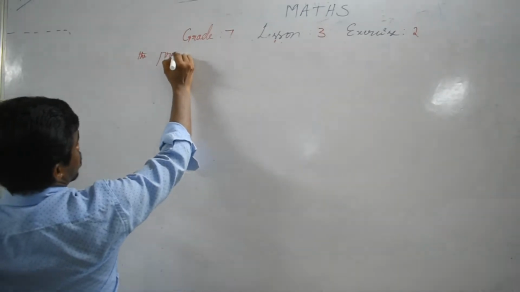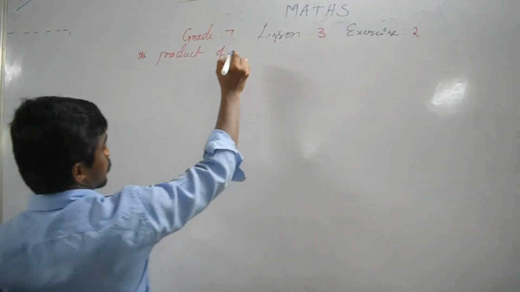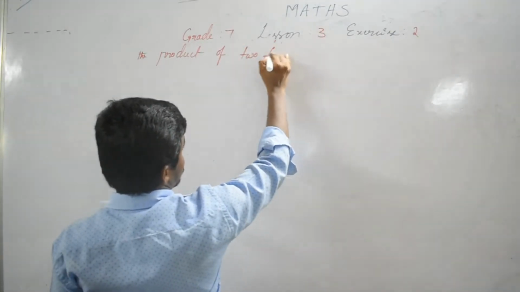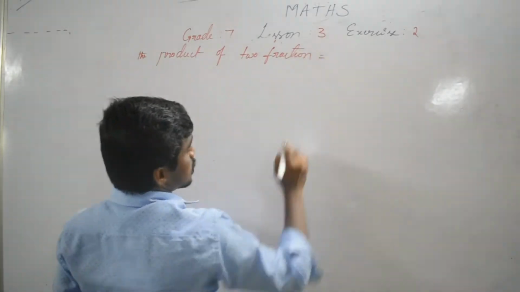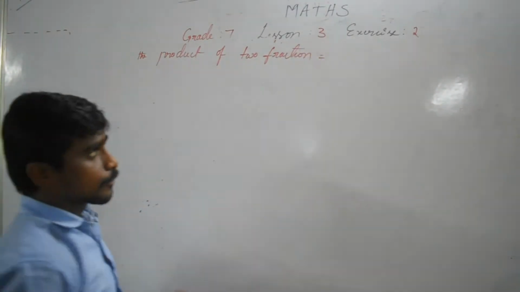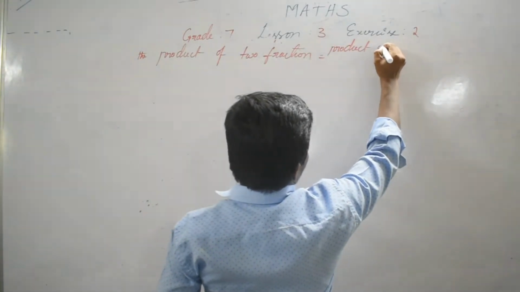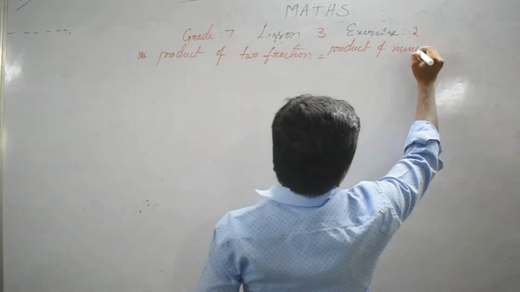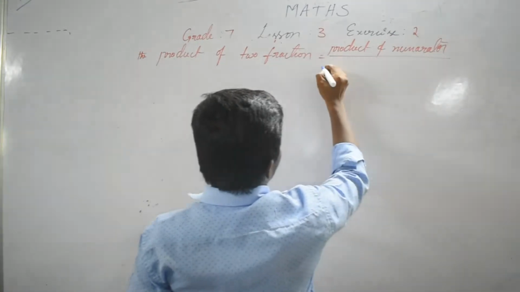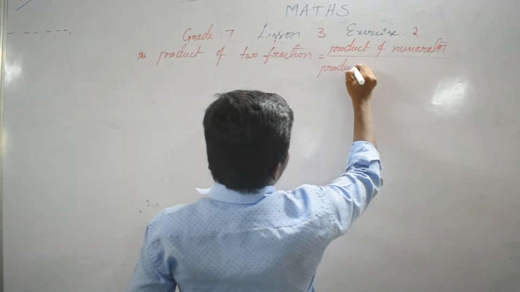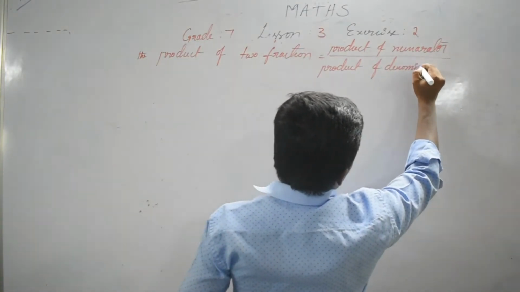The product of two fractions is equal to the product of the numerators by the product of the denominators.